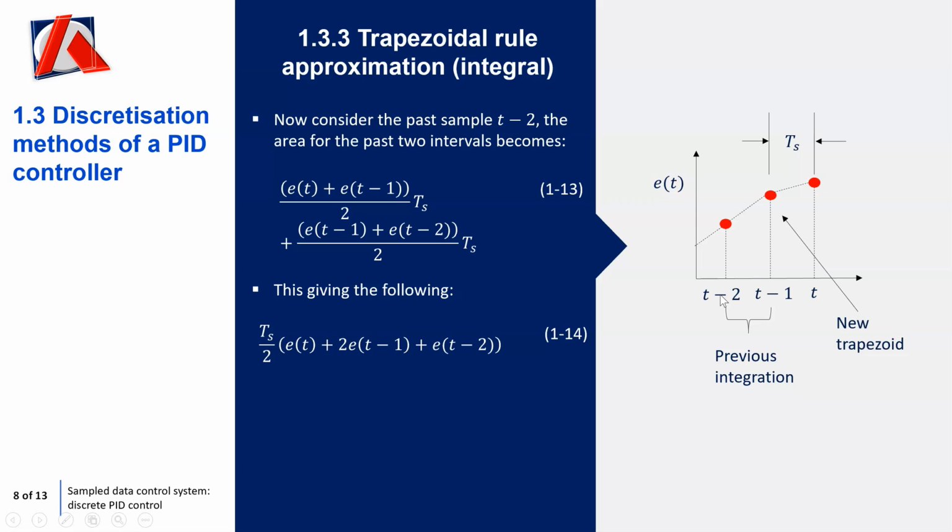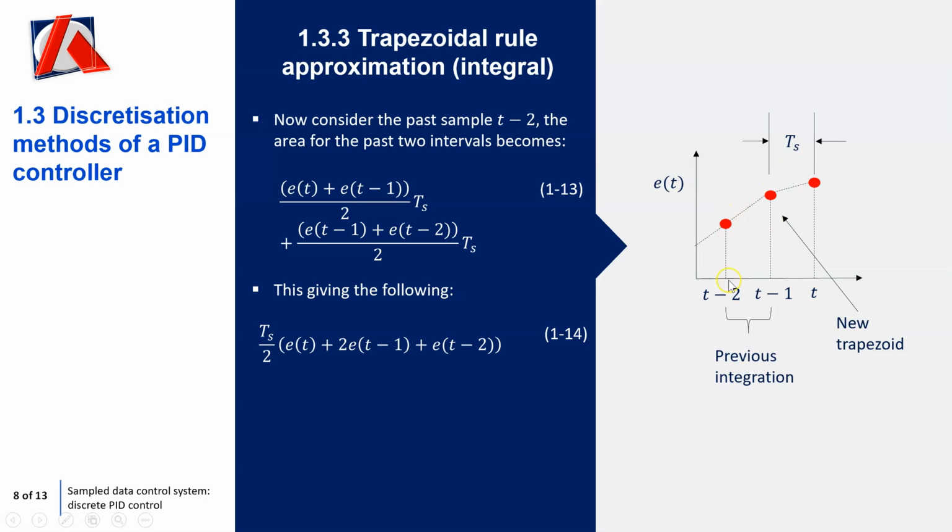So in terms of representing this in the mathematics, we're now considering the past sample t-2. So the area of the past two intervals becomes effectively this. You'll see the first part is identical to what you've just seen, and then we've got this additional part here, e(t-1) plus e(t-2), multiplied by Ts, the width, divided by 2, because we're effectively just after the midpoint.